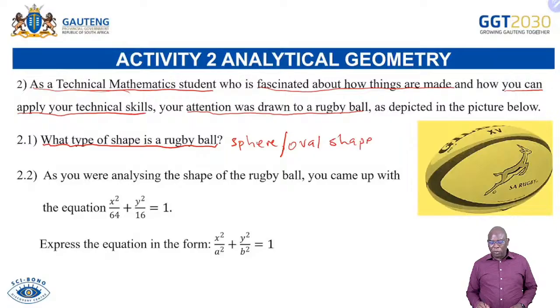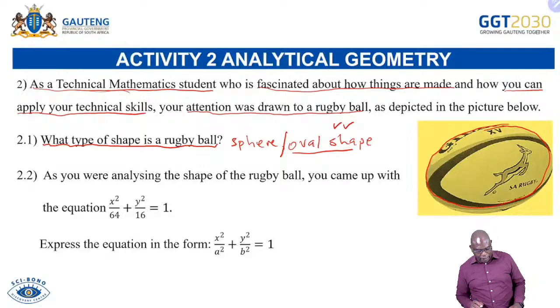But you cannot say it's round. Either it's a sphere, and if I cut it I'll have a hemisphere, and all that. As you are analyzing, I think the basic one, I can just say it's going to be an oval shape. I think oval will make more sense.